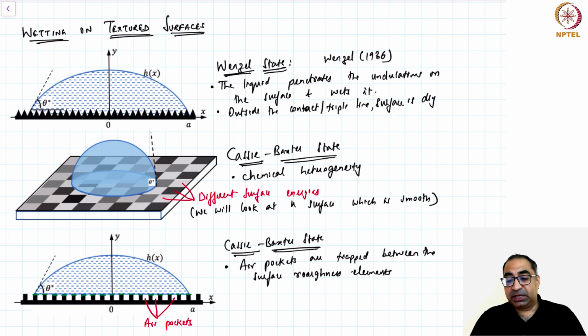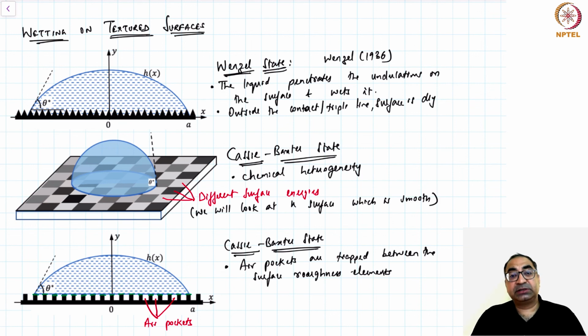But I hope this discussion and the way we've analyzed this has motivated some of you to delve deeper into this topic. This is an active area of research where engineers are now able to make surfaces with precise control on the roughness parameters, and a variety of novel properties can be created. Surfaces which are self-cleaning can be created.